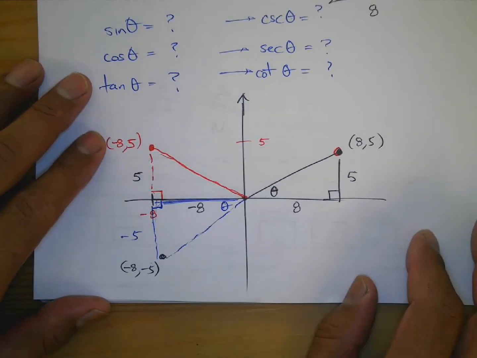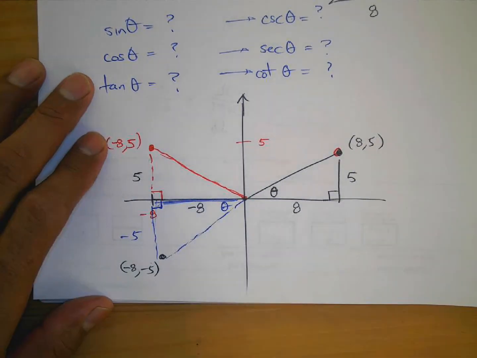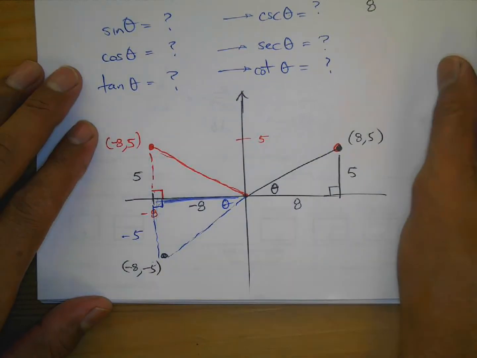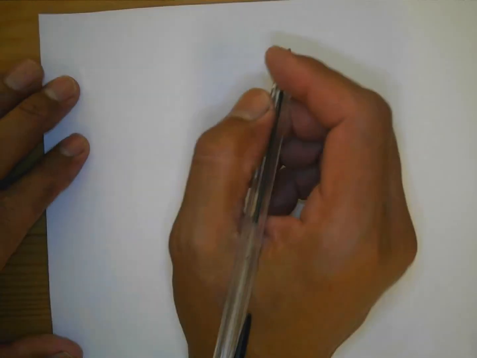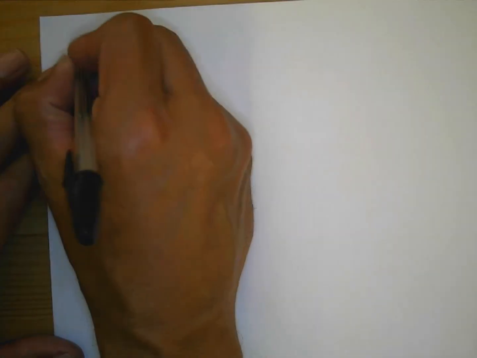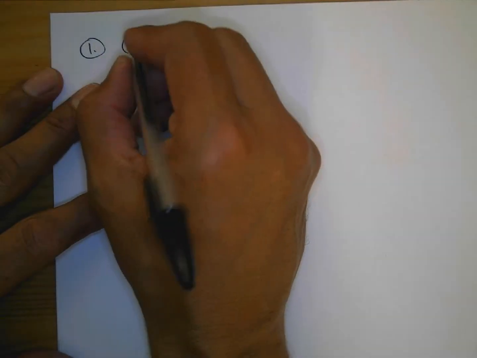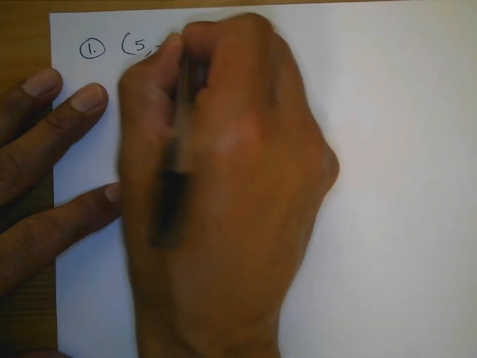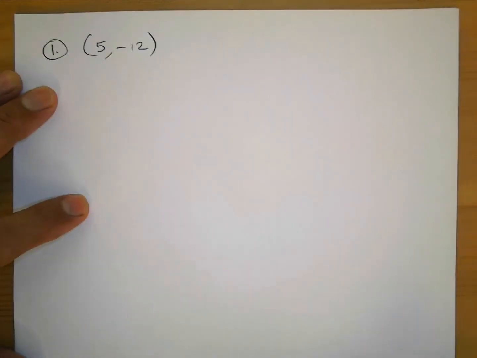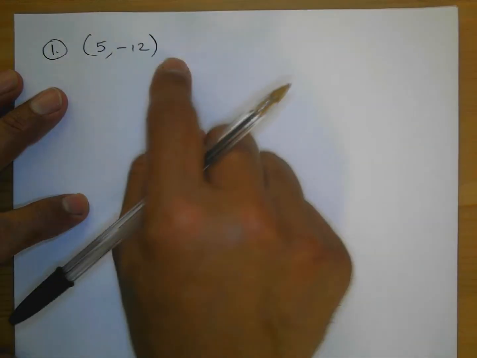So, let's do one real quick over here. I think one example is fine. Number one, again, they're just going to give you a point. So what if I tell you 5, -12. Find all 6 trigonometric functions.